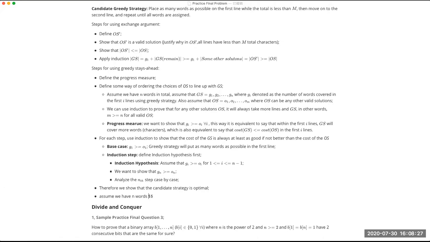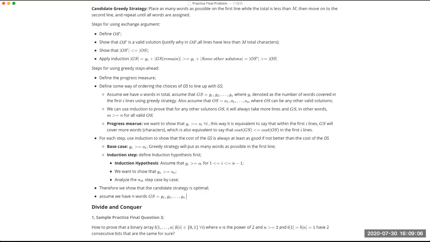If you define the progress measure like this, G1, G2, and so on up to Gn, since we have n words, where Gi basically means the cost of the first i words, not i lines, the cost for the first i words, then you are getting into trouble when you're trying to prove the induction step.